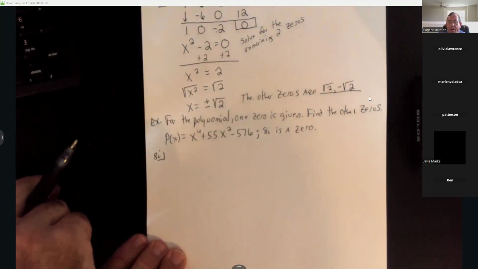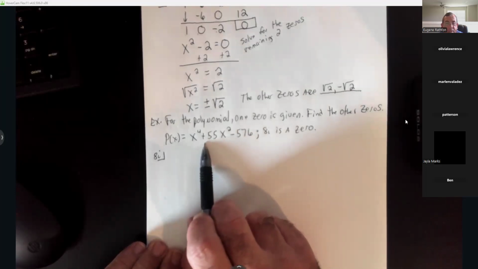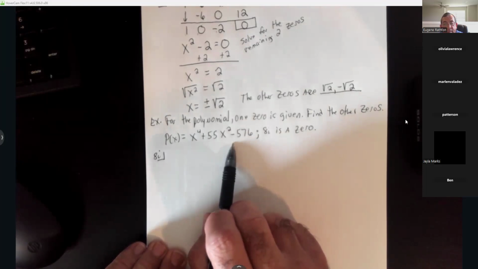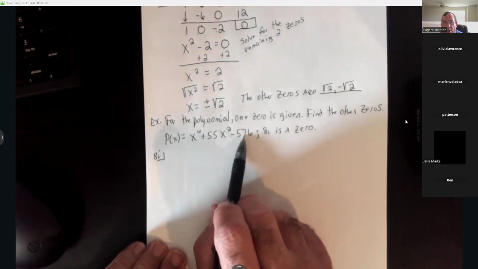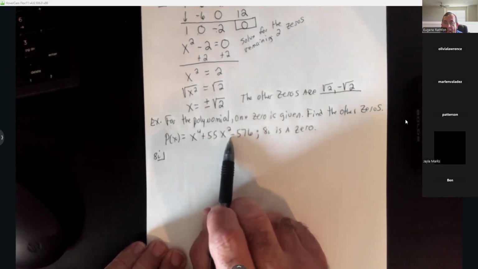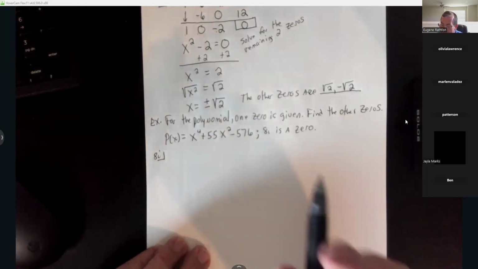Now look here. I got an x4. I don't have an x cubed. I got an x squared. I don't have an x. And then I got my constant term number. So for the missing x cubed and the missing x, we need to add zeros on our coefficients.